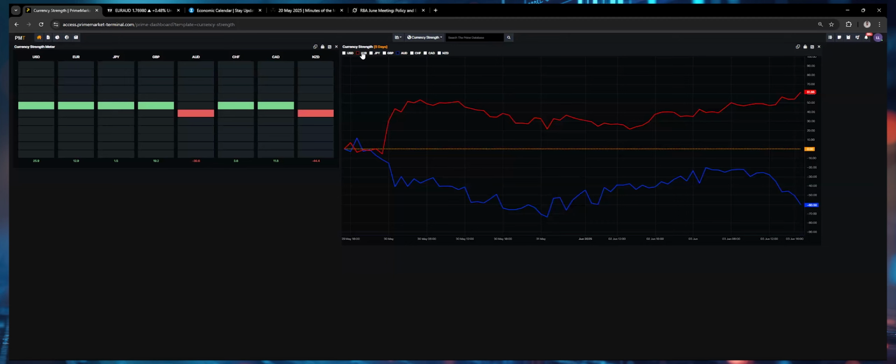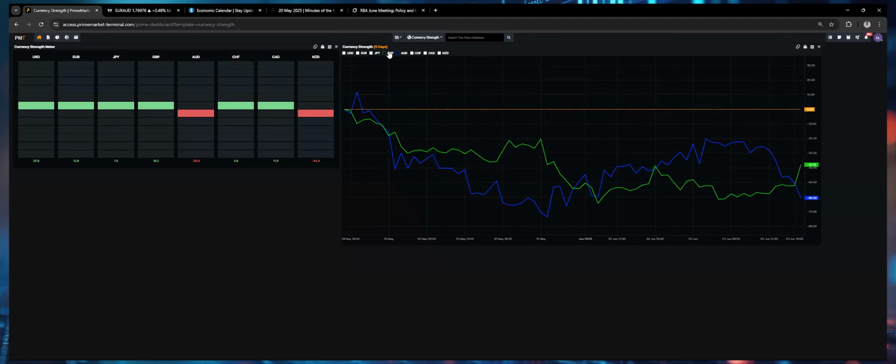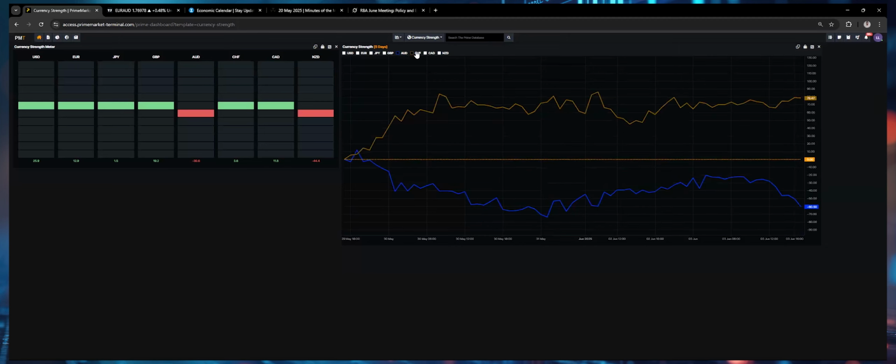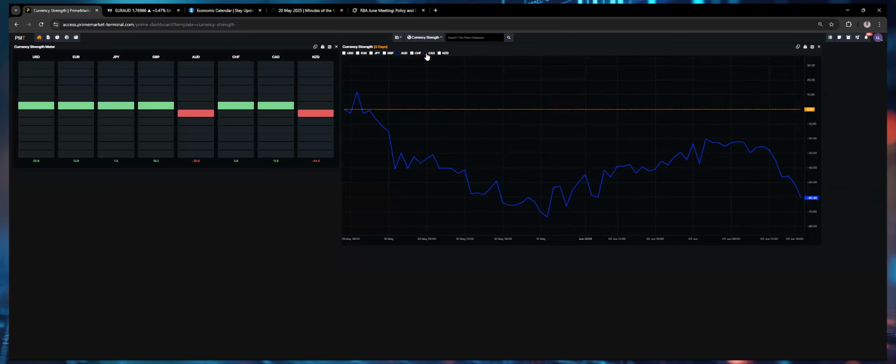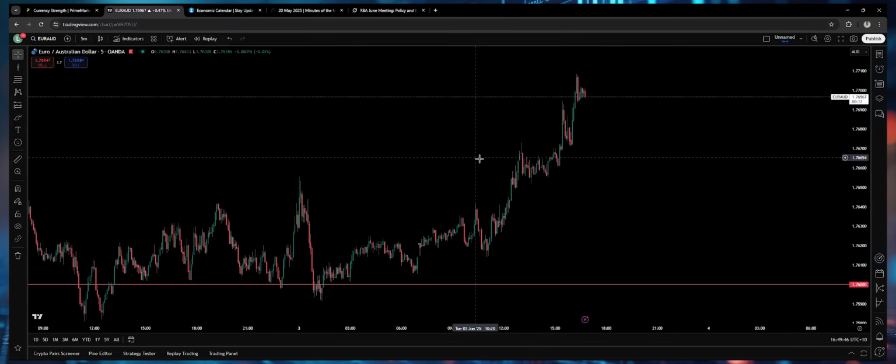Euro is very, very strong. Japanese yen is very, very strong. The pound is somewhere around the Australian dollar. CHF is as strong as well. Canadian dollar is very weak, and the New Zealand dollar is very weak. So basically, Euro, Japanese yen, and CHF are the strongest ones at the moment, and this is showing how the flight to safety is happening.